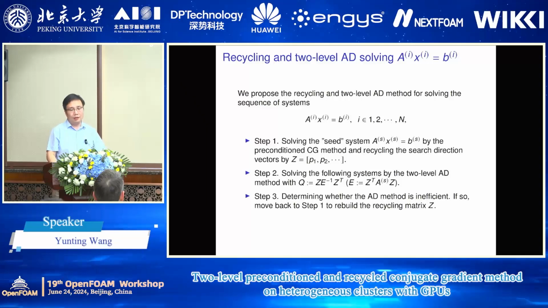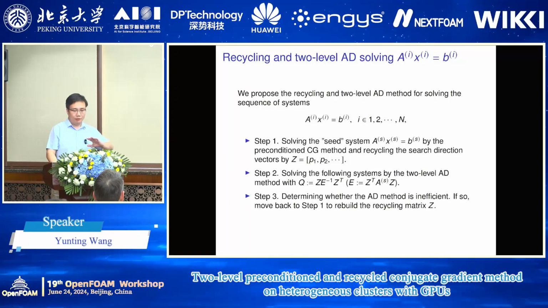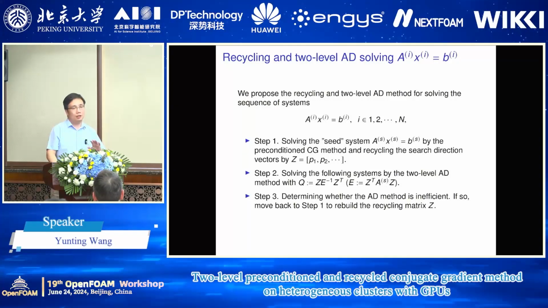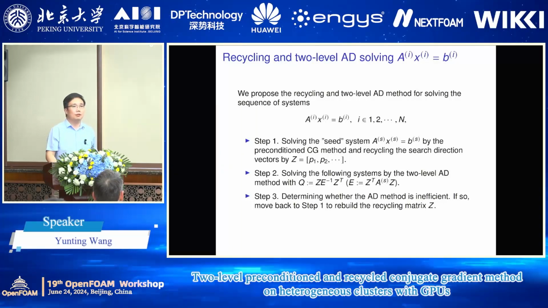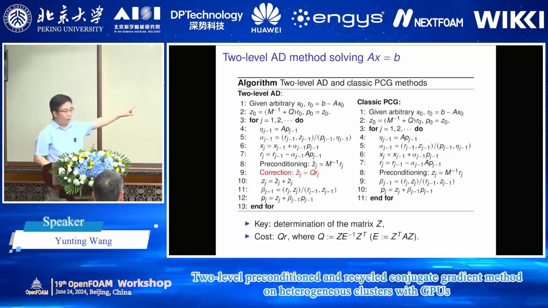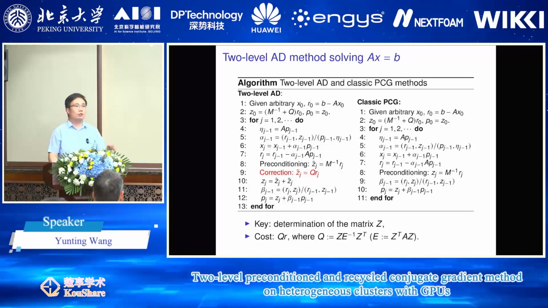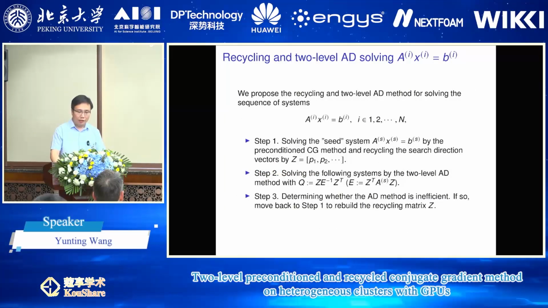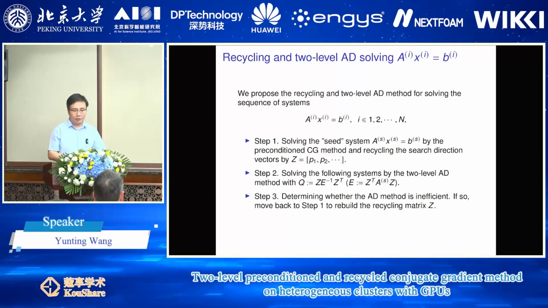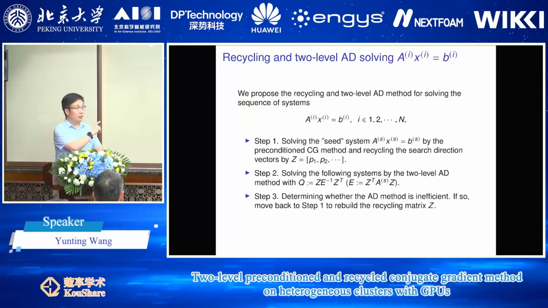As a byproduct of the PCG method, you have the search direction vectors, small p. You save all the search direction vectors and use them as a recycle matrix. This is Z.